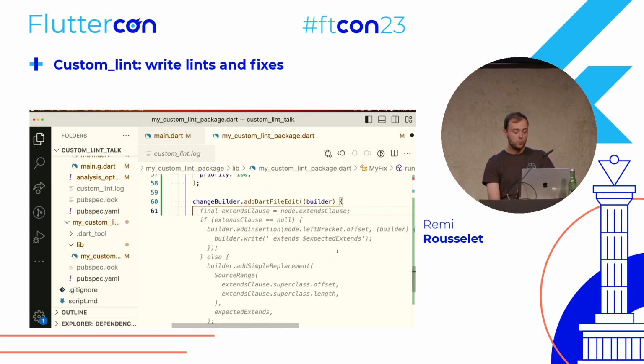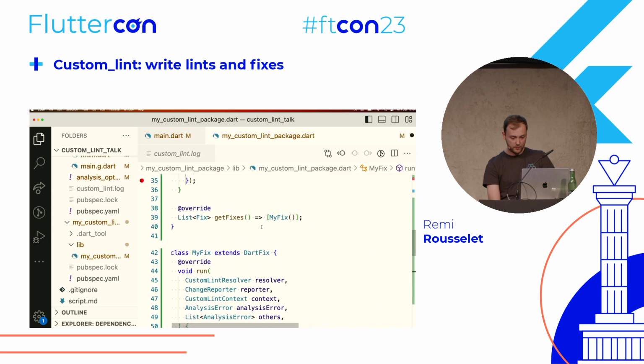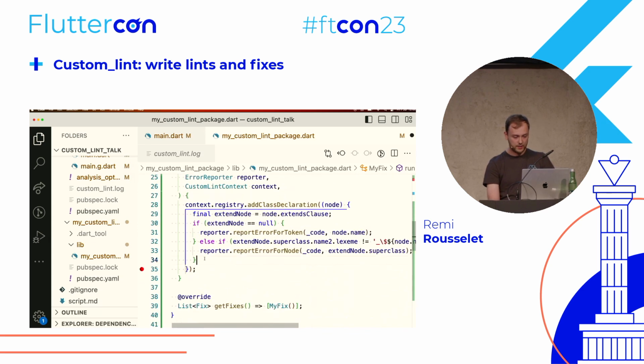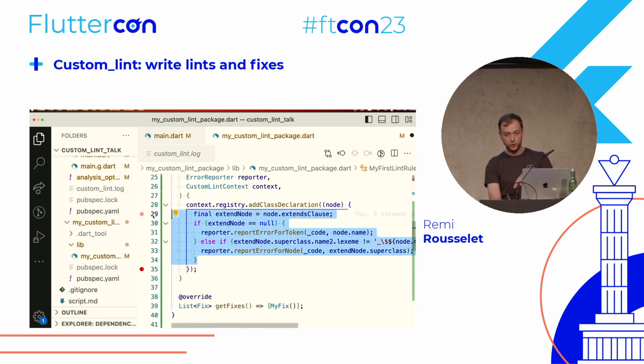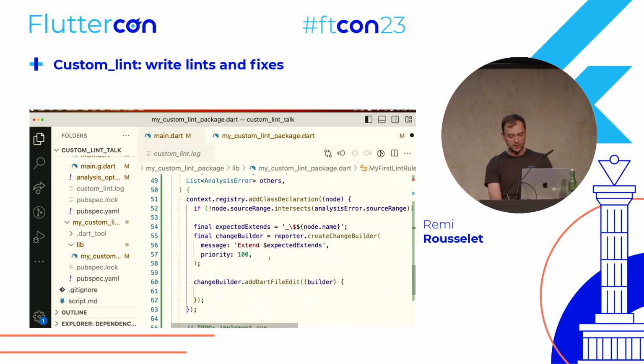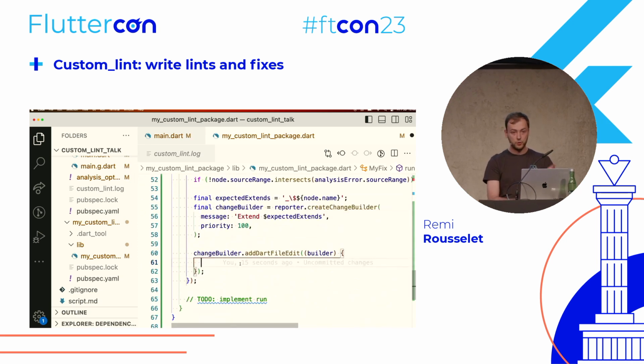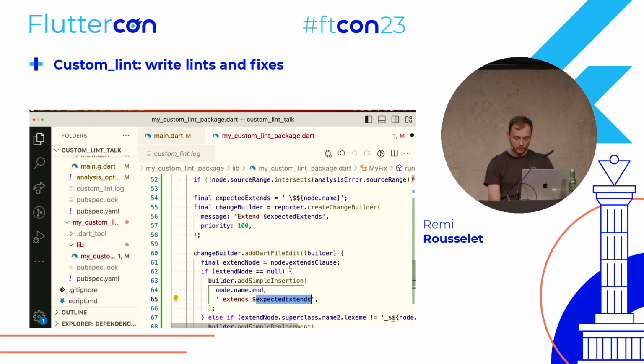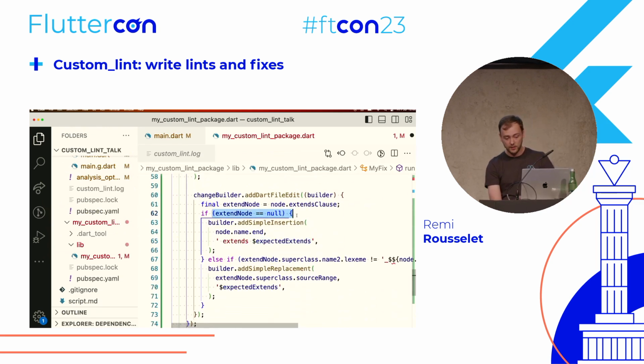And so in our case, we'll want to reuse a logic similar to the if-else we defined previously for the warning, but instead of emitting a warning, we'll want to use this builder to make changes. So we could do the following: if there is no extends keyword, then we will insert some code right after the class name ends.